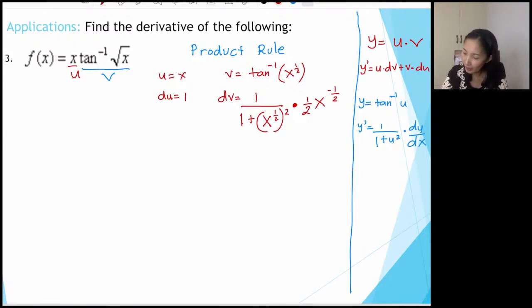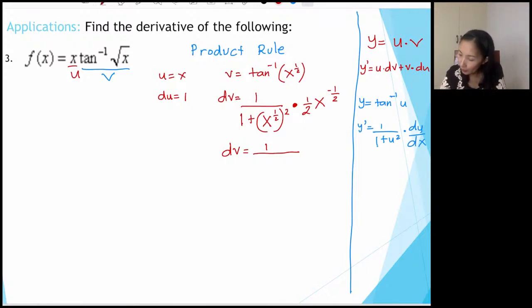So, finally, we could write dv as 1 all over 1 over 2. What happens here? This becomes 1 plus x, yes?